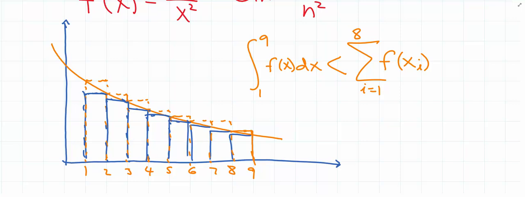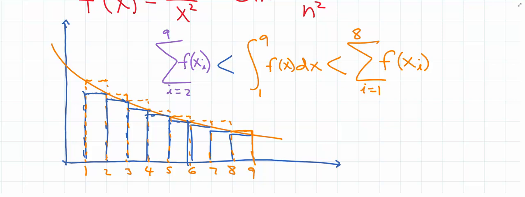So the integral is greater than the sum, and what does the sum start with? i equals 2 to 9, of f of x sub i. Does everybody agree that this integral is somewhere between these values?